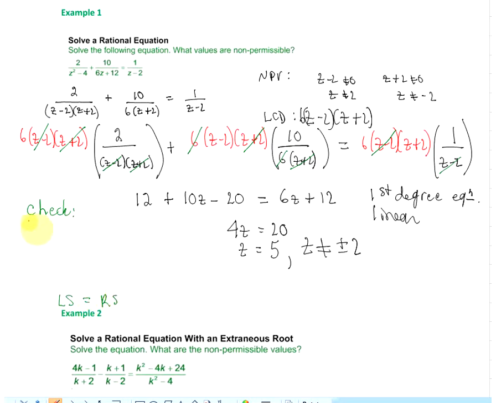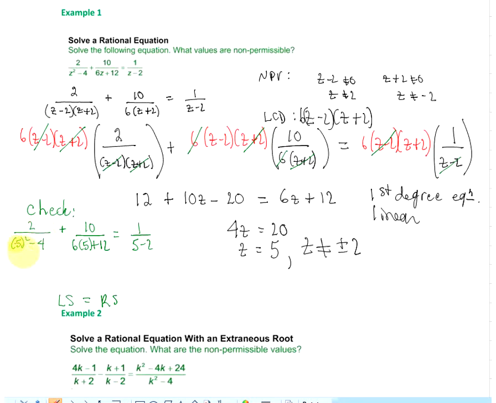Okay, so we're going to go 2 over z squared, so 5 squared, minus 4 plus 10 over 6 times 5 plus 12, which is equal to 1 over 5 minus 2.